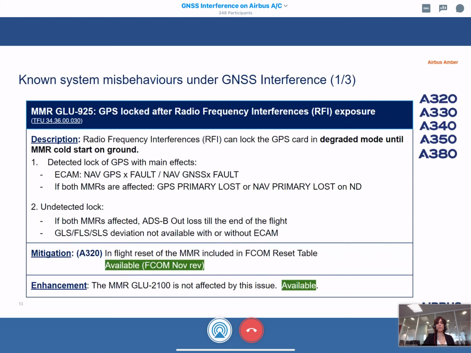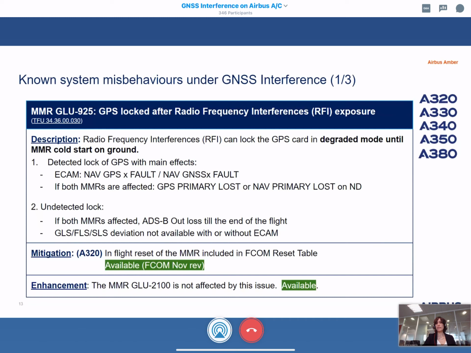As a mitigation, for the A320 family a NIM flight reset could be done, which is currently included in the FCOM reset table of the recently released FCOM November revision. It is to be noted that for the other programs, the circuit breaker is not available in the cockpit.